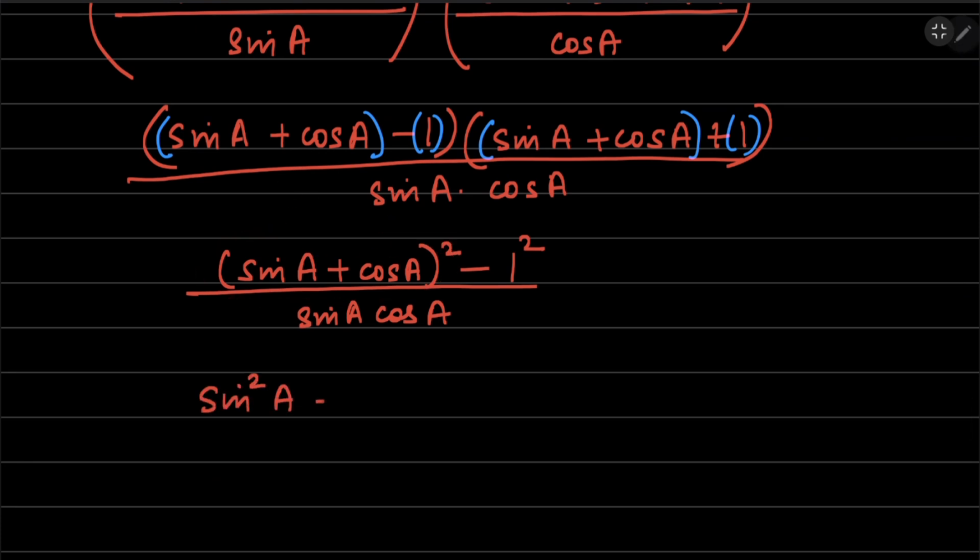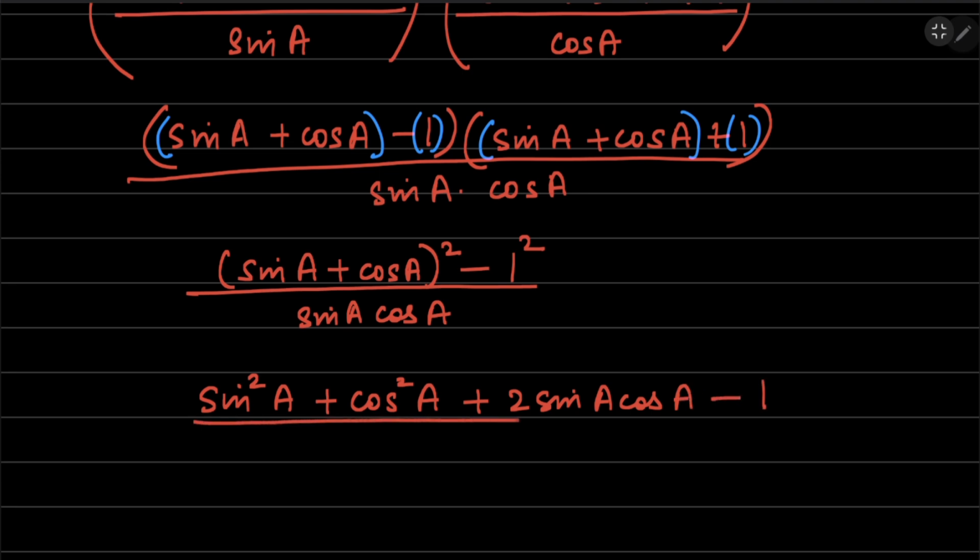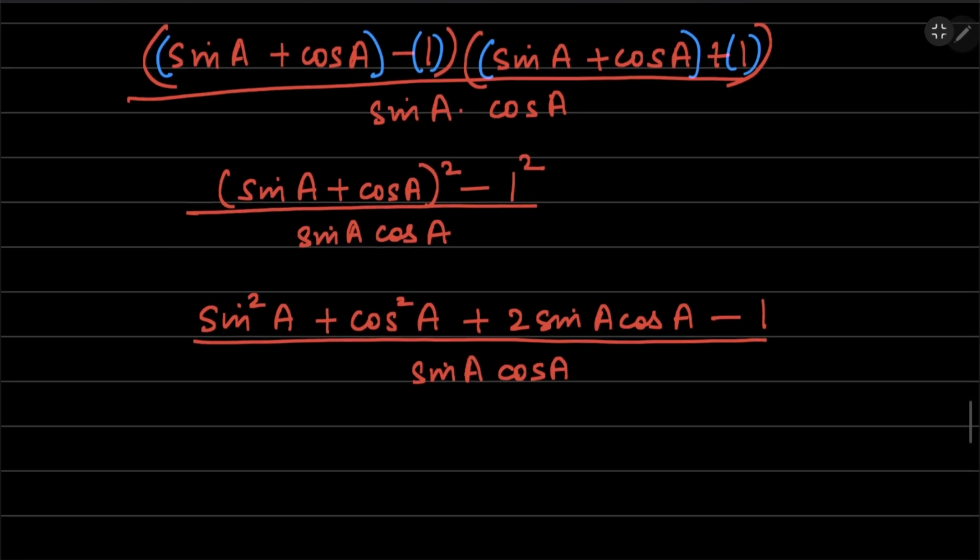A square plus B square plus 2AB, minus 1, whole divided by sin A cos A. So what is sin square A plus cos square A? It is just 1. So 1 plus 2 sin A cos A minus 1, divided by sin A cos A.